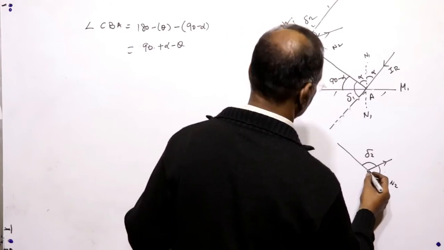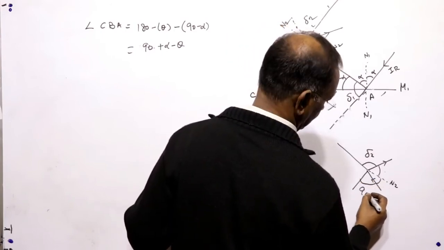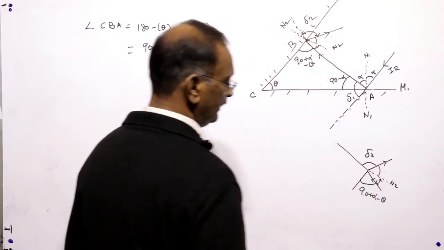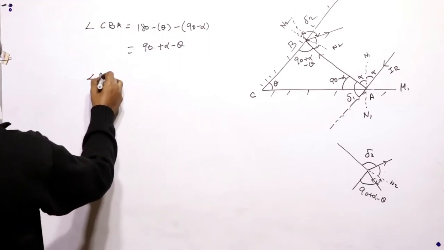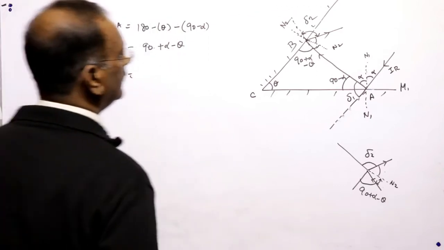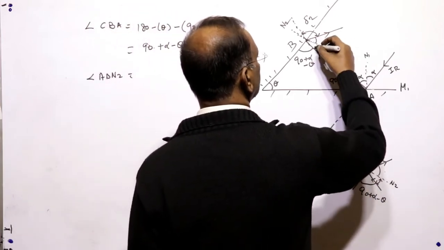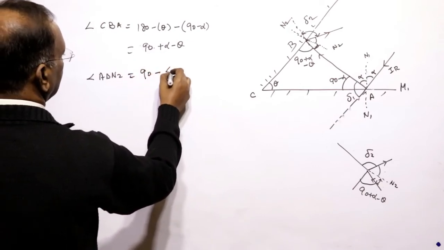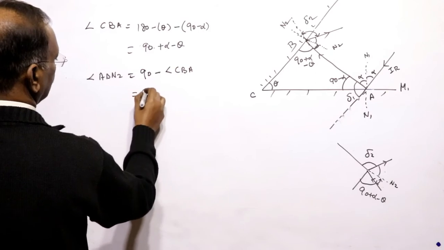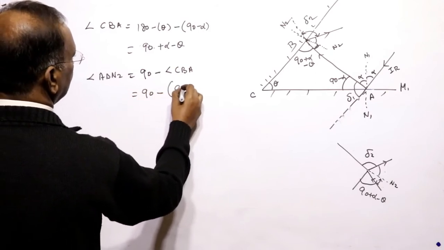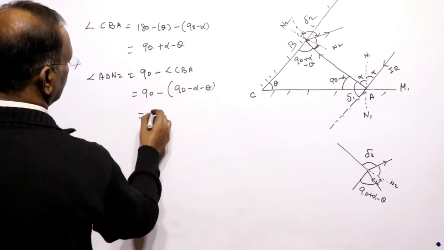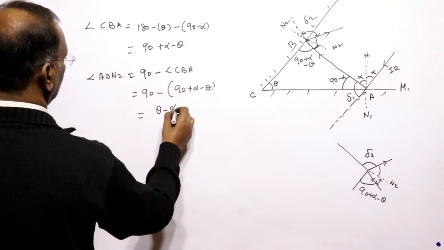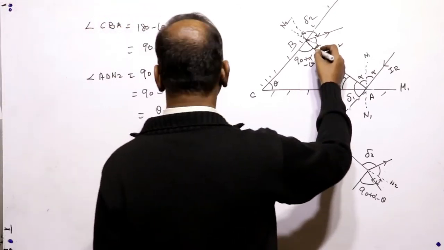Since angle CBA is 90 plus alpha minus theta, angle ABN2 will be equal to 90 minus angle CBA, which is equal to theta minus alpha.